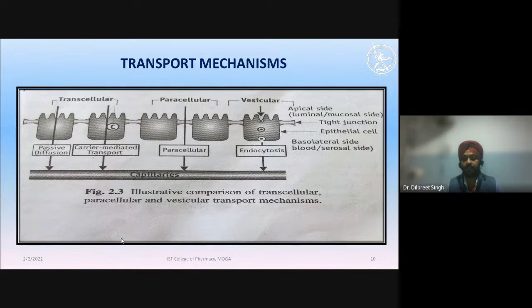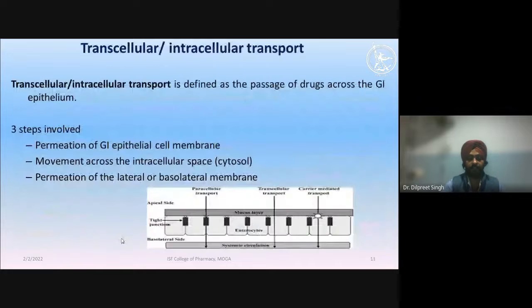When we take the drug orally, the drug molecules can move along an upward or downward gradient depending upon the mechanism, moving from the apical side to the basolateral side of the membrane through the extracellular fluid by different pathways. This figure depicts an illustrative comparison of the transcellular, paracellular, and vesicular transport mechanisms.